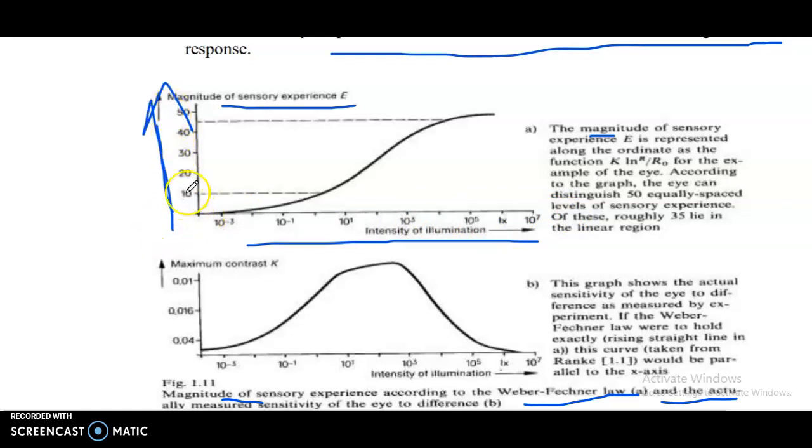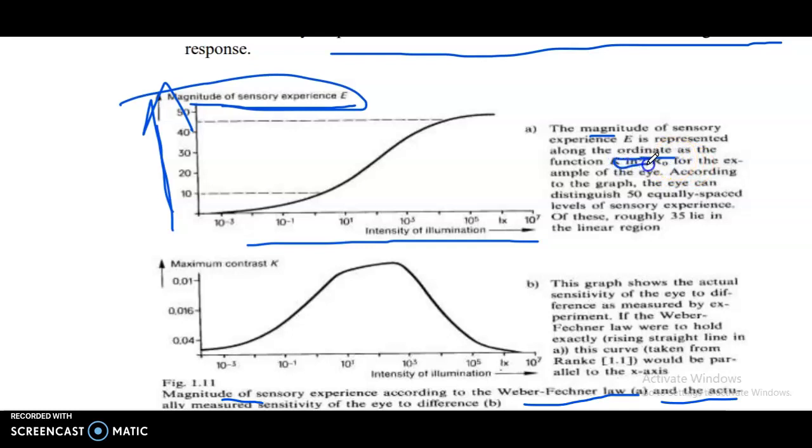Here 10, 20, 30, 40, 50. The magnitude of sensory experience is represented along the ordinate as the function.